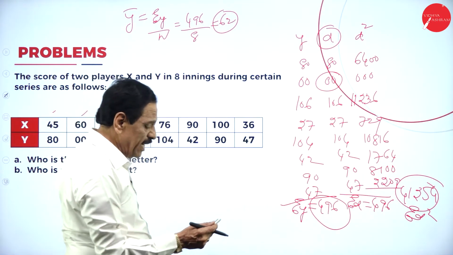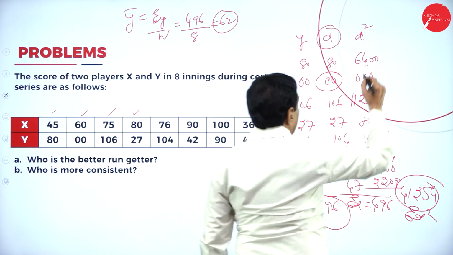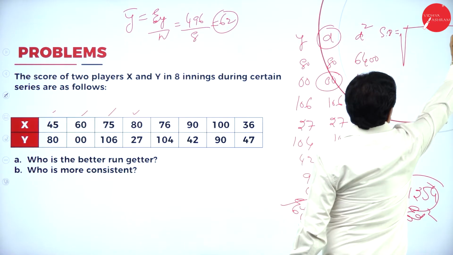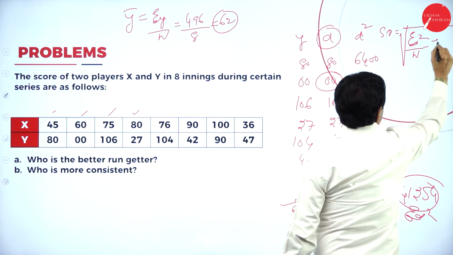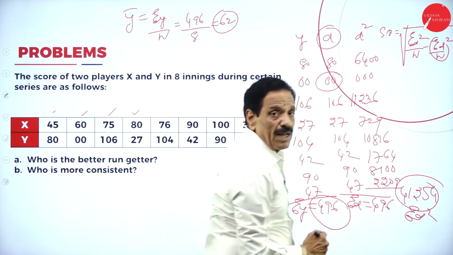What do you have to calculate? You have to calculate the standard deviation. The standard deviation is equal to the root of sigma D square divided by n minus sigma D divided by n, whole square. That is the formula.